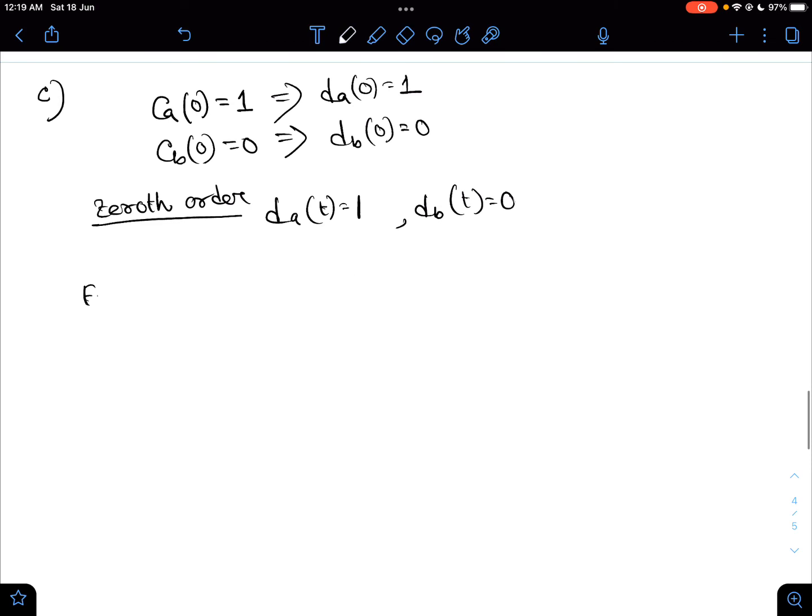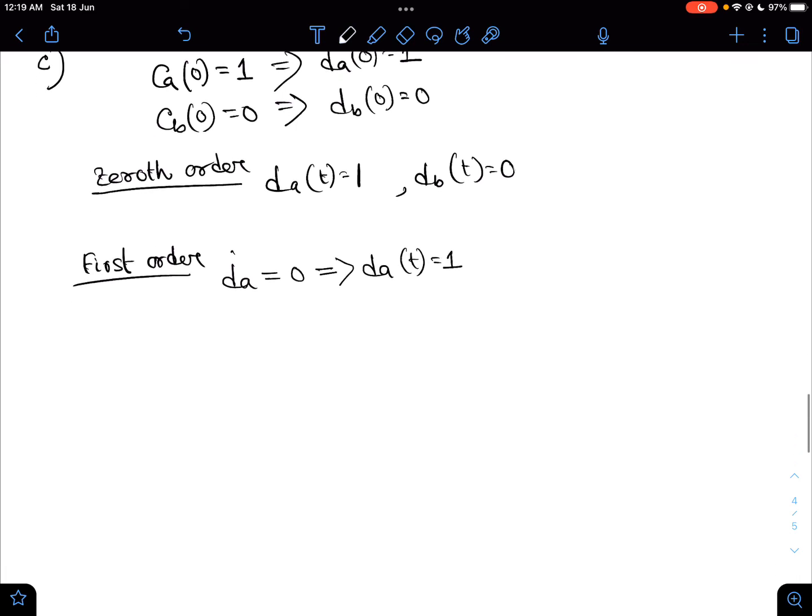So what will be in first order? In first order, we have our dA prime to be 0. That means our d_a(t) will be 1.